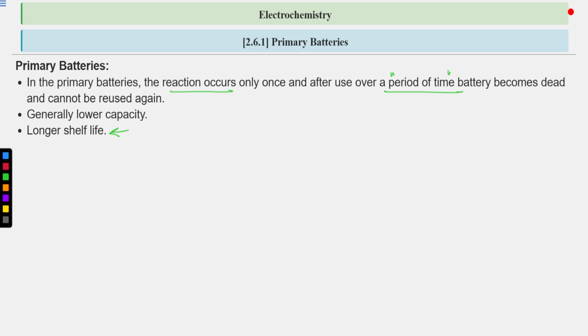That's why we say it has a longer shelf life, because after that particular period of time it becomes dead. We already decide for what period of time the reaction will occur and the battery will be functional, right? So it has a longer shelf life.